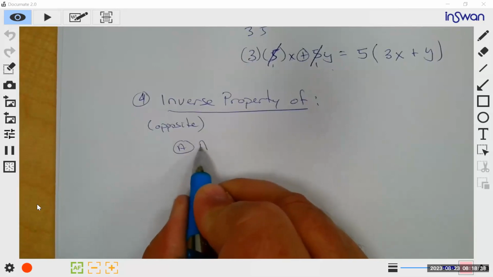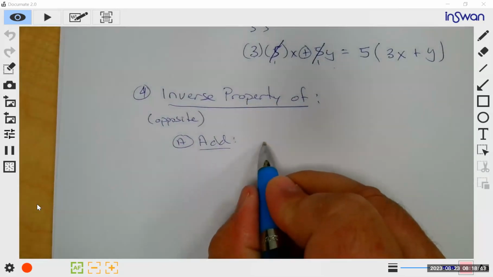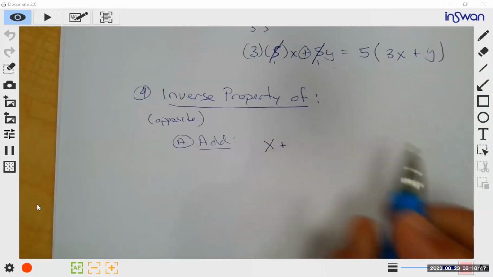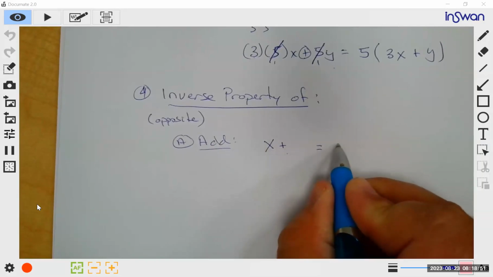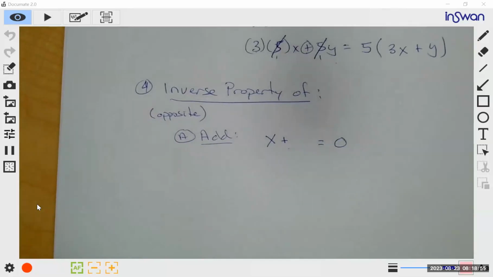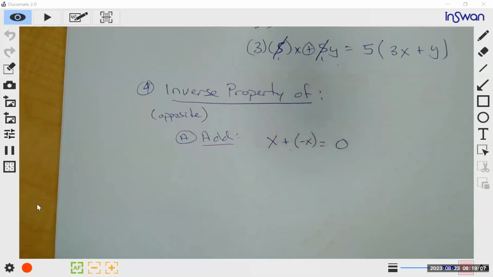So the inverse property of addition, basically what I was looking for is, what do I have to add to x to make it disappear? What's the opposite of x? Very good. Negative x.